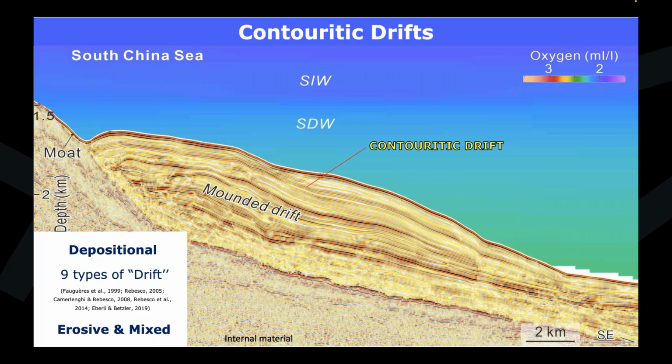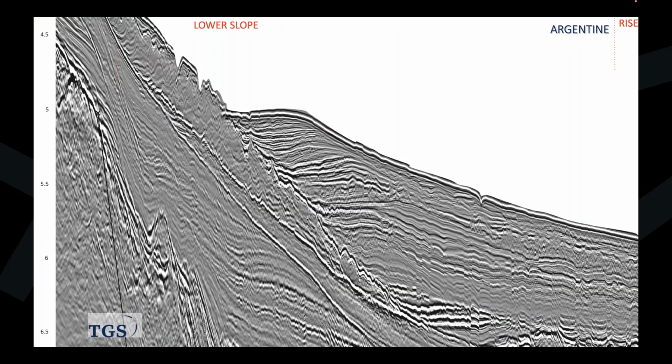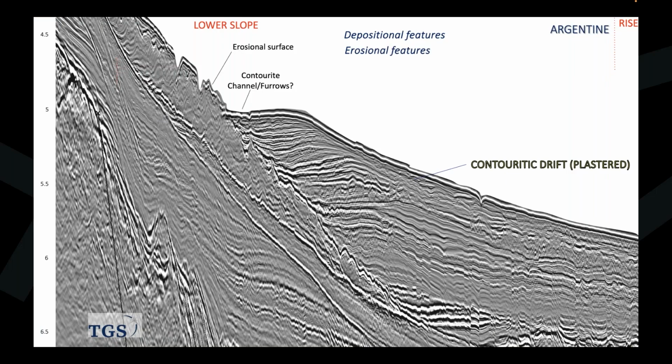So what does that mean? That in a contouritic system we could have a great variety of drifts, not only mounded drifts, but also, because of the influence of bottom currents, other features, as more erosional ones, and mixed ones. And this is important because we can see, as I said, depositional features, for example a drift, erosional features, for example a channel or moat, because they are different concepts.